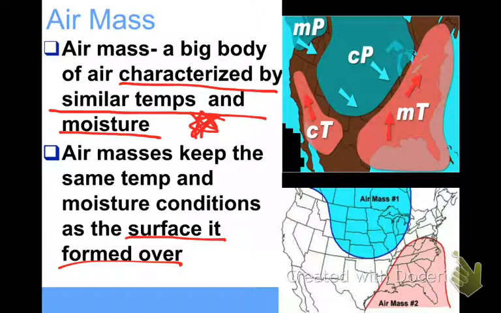So let's just go ahead and embrace the word moist. Nothing wrong with it. It just means moisture. Another word that you can use for moist is humid. So we will be using those two words interchangeably between air masses as we talk about them more and more. And maybe those of you who are weirded out by that word, by the end of this unit, hopefully you no longer will have some bias against the word moist.